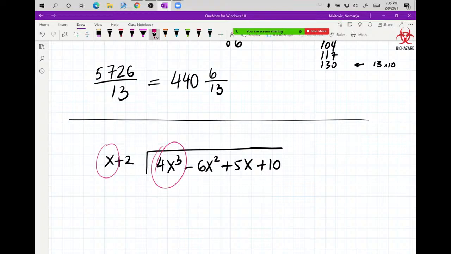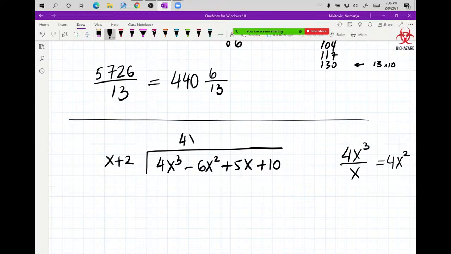So we have, you can do this on the side, 4x cubed divided by x. That's all you're looking for, right? Because you want to know how many times x goes into 4x cubed. Well, that's easy. You just cancel it. It's 4x squared, right? There's no thinking involved in that. You just cancel one x.